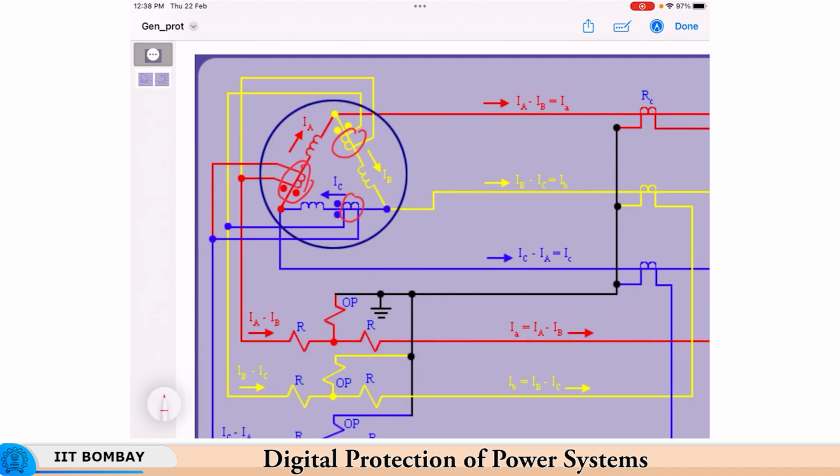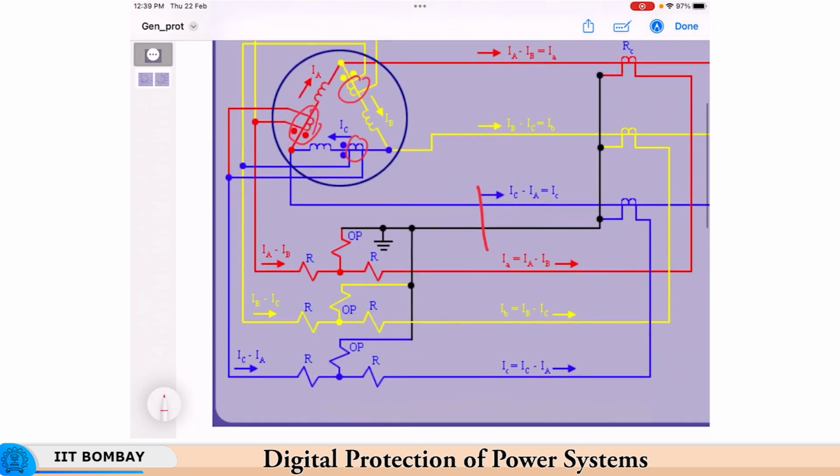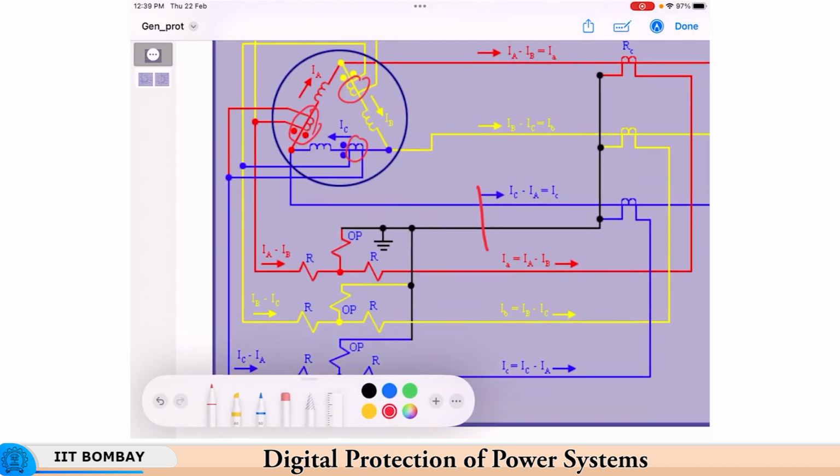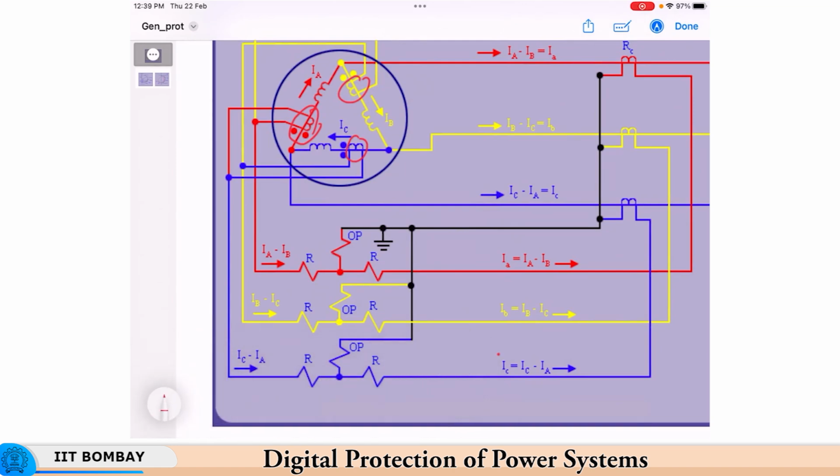Okay, and they are hardwired such that you get IA minus IB flowing in these restraining coils. You get IB minus IC in these coils and IC minus IA in these coils.